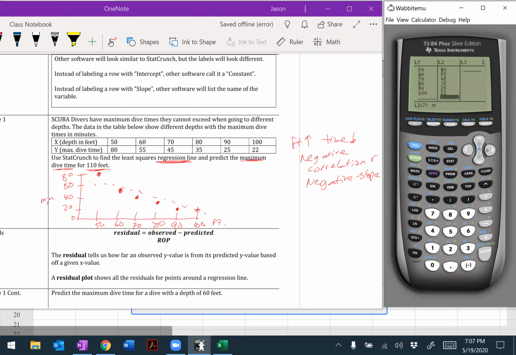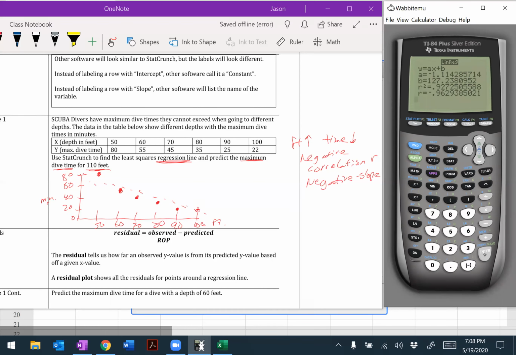Okay, so I'm going to get the regression equation for this. So how do we do that? Stat, calc, and then number 4. Stat calc 4, boom, and then just hit enter until you hit calculate and then enter.